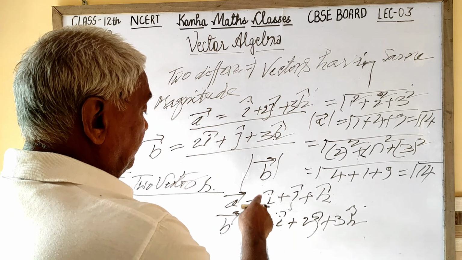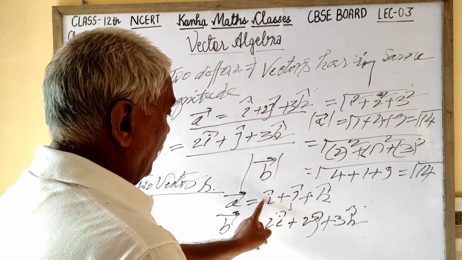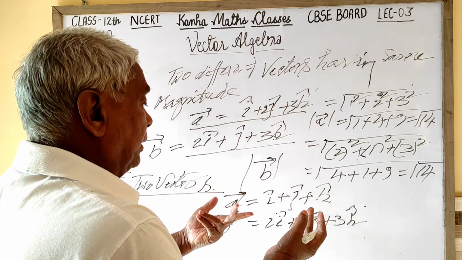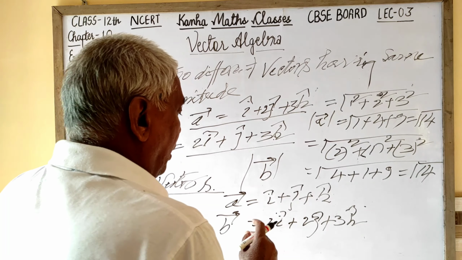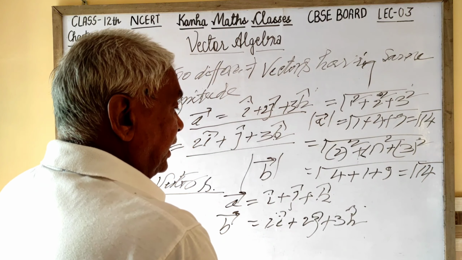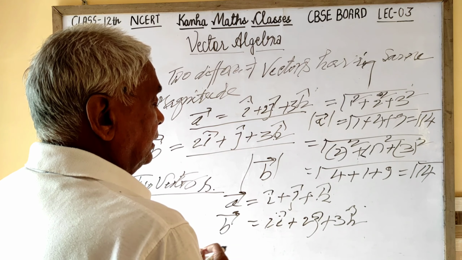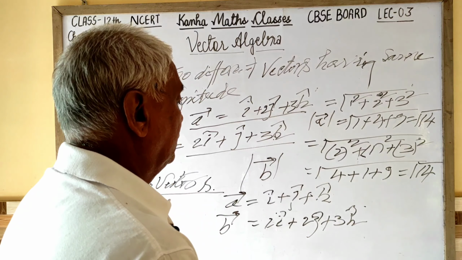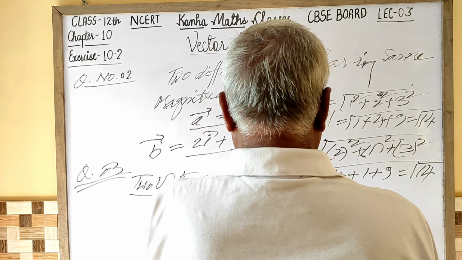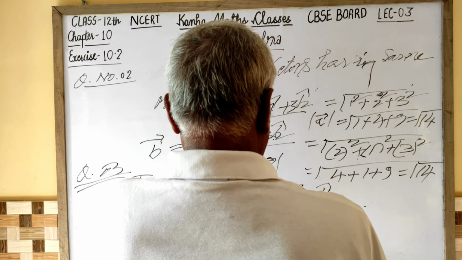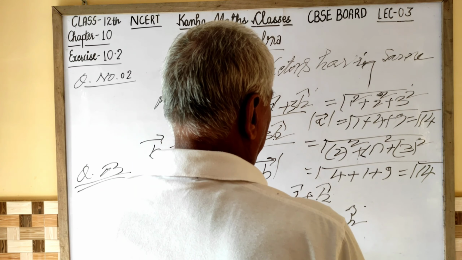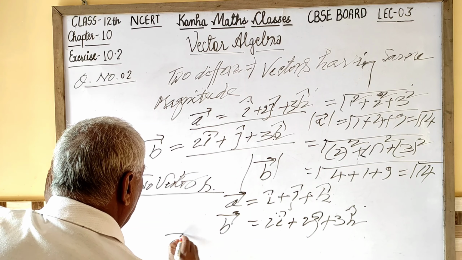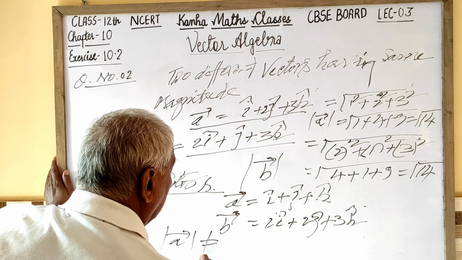But here we see that the direction ratios are 1, 1, 1 and here 2, 2, 3, hence the direction cosines will differ. Here the magnitudes will be different: root 3, and here 2 squared is 4, 4 plus 4 is 8, plus 9 is root 17. The magnitudes of these two vectors are not equal.